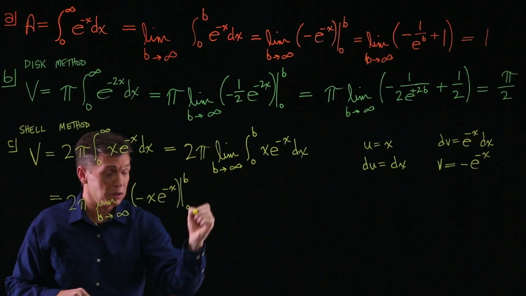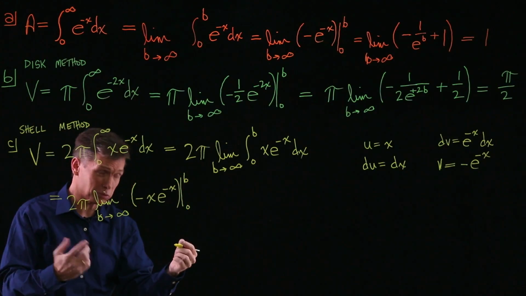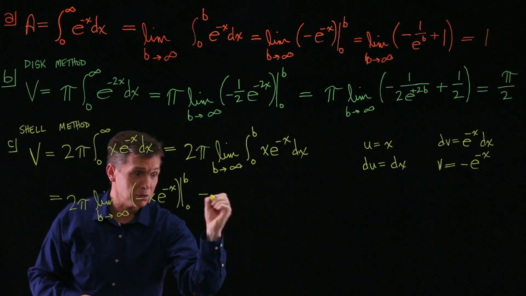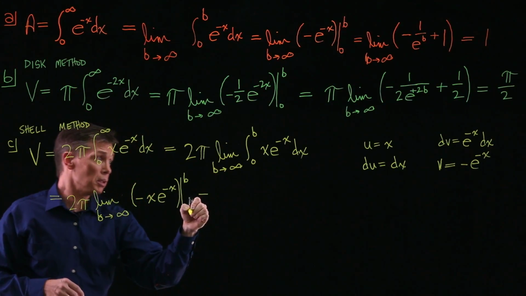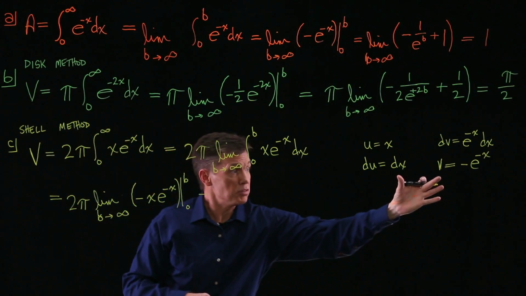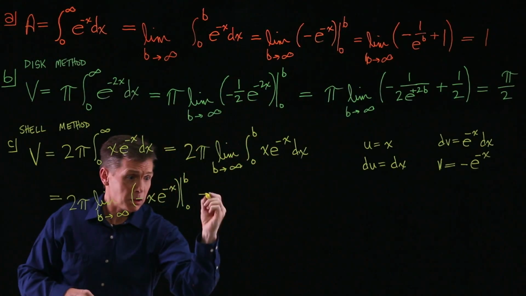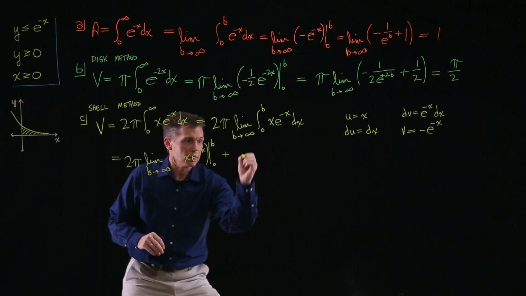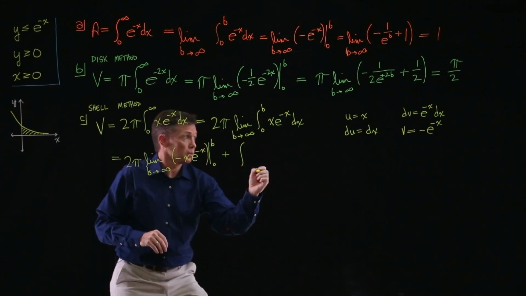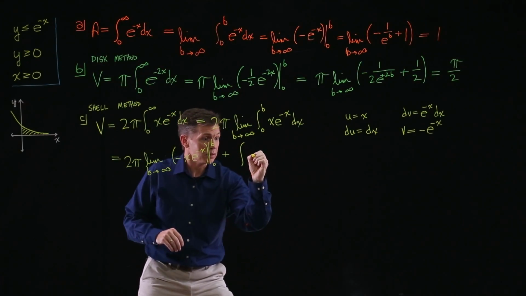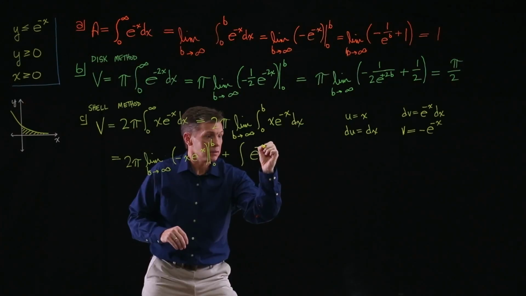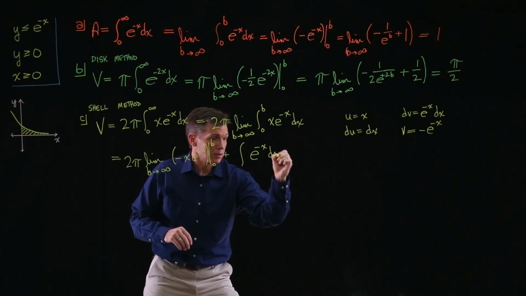But I'm still not done with the integration by parts formula. It's supposed to be minus the integral of v du. So I'm trying to put together my v du. There's a minus there, so that'll make this a plus. The integral of e to the minus x dx.